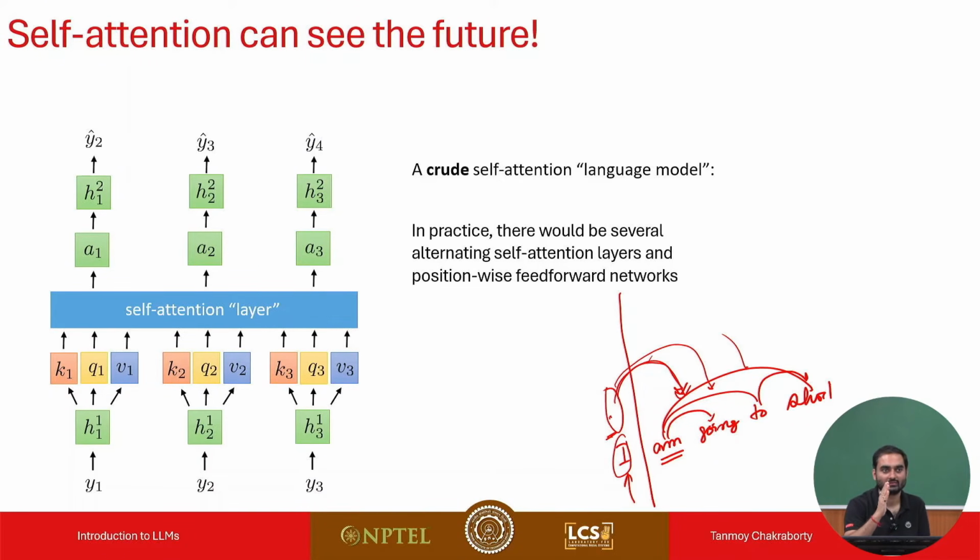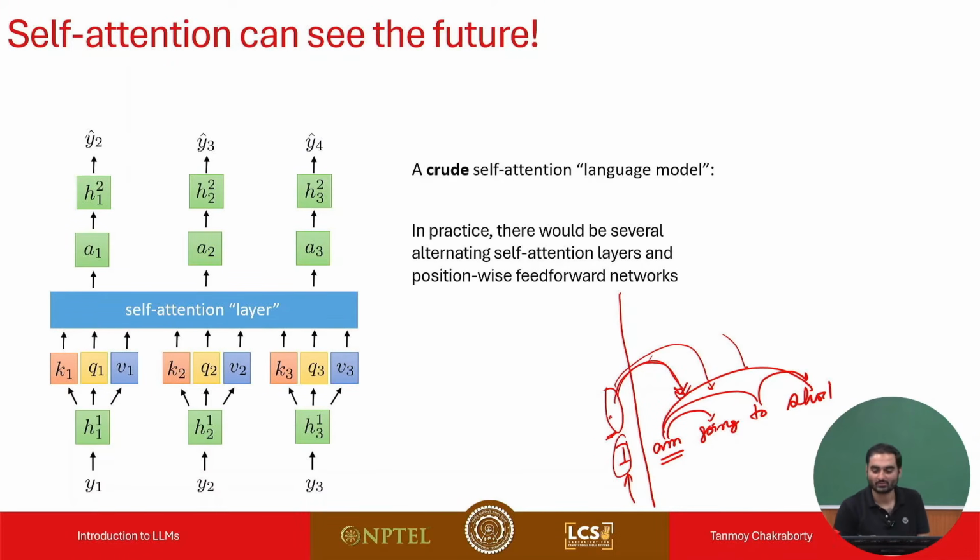So a hidden state of a decoder will not have access to the future hidden states. Whereas in the encoder, the input Hindi sentence is given, so each word has access to all the other words. But for the decoder, the English sentence is not given to us during inference time. So I generate one token, then based on that I generate the next token, and so on and so forth. So the normal self-attention mechanism will not be applied in the decoder.